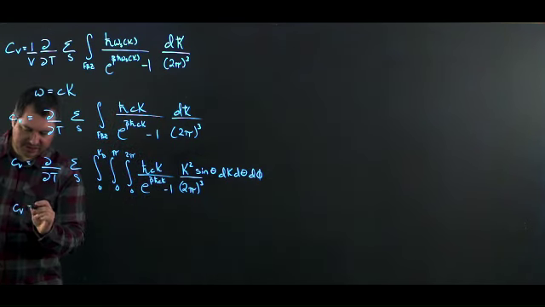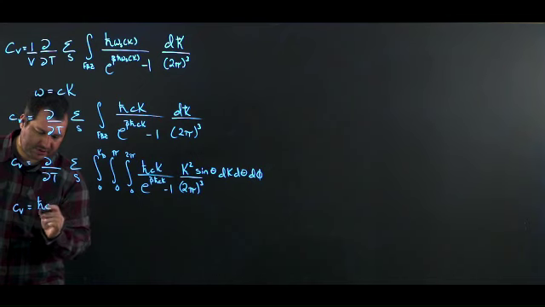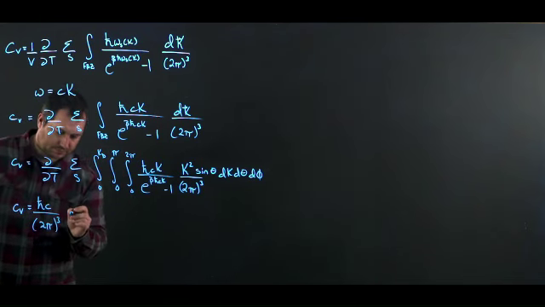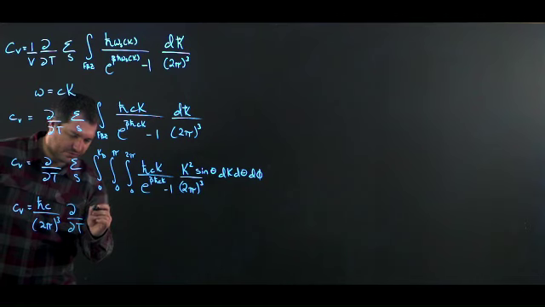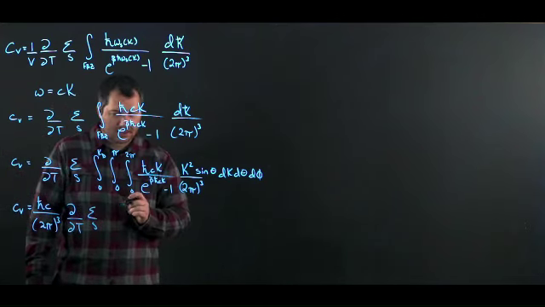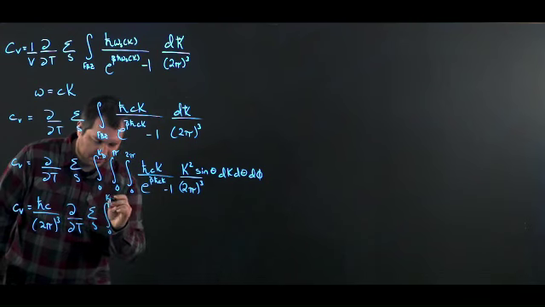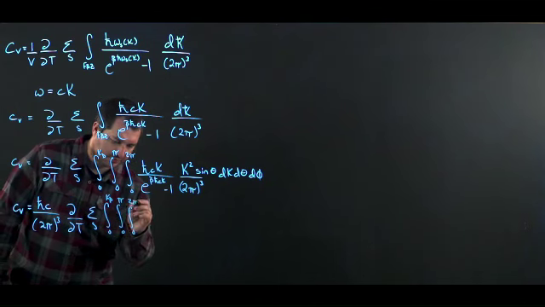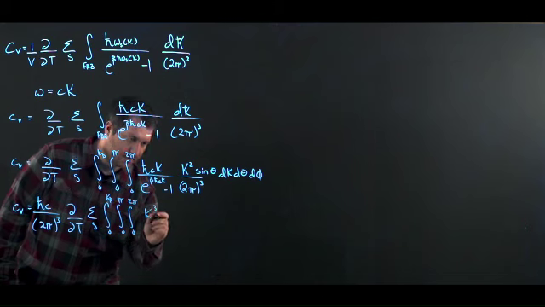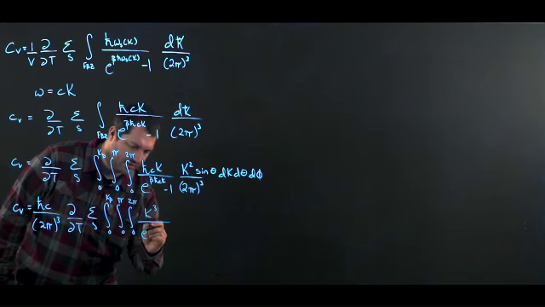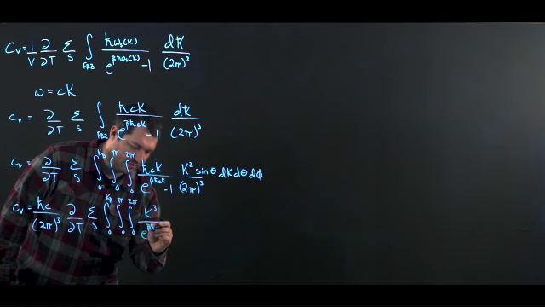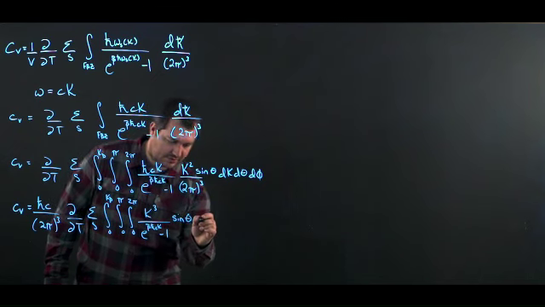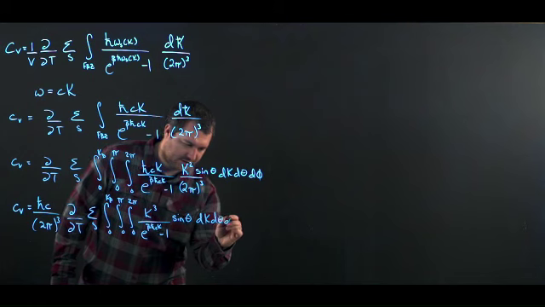So I'm going to say that the specific heat is equal to h bar c over 2 pi cubed, our partial derivative, the s sums, and I'm going to have the integral from 0 to kD, our integral from 0 to pi, our integral from 0 to 2 pi, and that's going to have k cubed over e to the beta h bar ck minus 1, the sine of theta, dk, d theta, d phi.